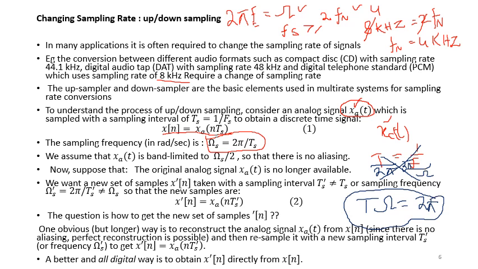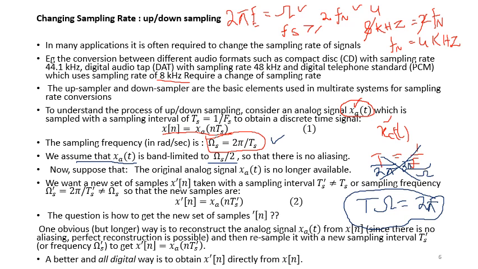We have the discrete time signal equal to x of analog sampled at an interval of Ts seconds. So the sampling frequency will be omega s equals 2 pi by Ts, right? We assume that xa(t) is band limited and has a maximum frequency of omega s by 2.